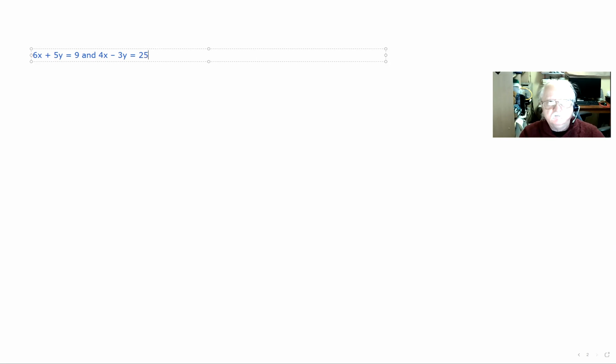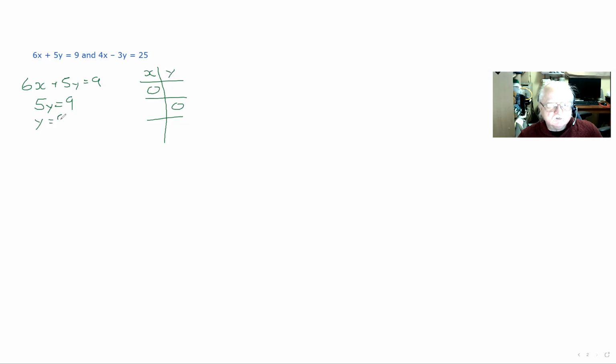We'd have to take 6x plus 5y equals 9, and we'd create this little strange symbol here. We'd go 0 and 0, and we'd plug in 0 into x, which would just give us 5y equals 9. Y equals 9/5.